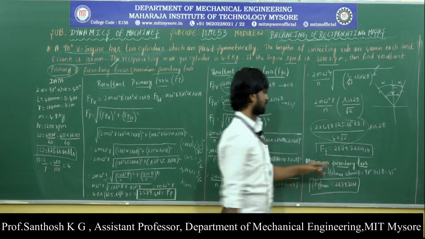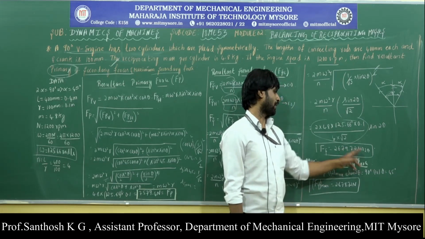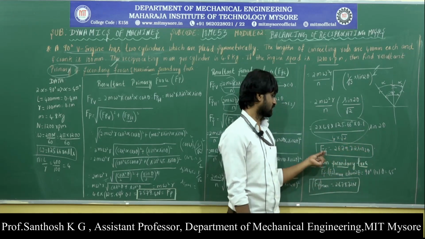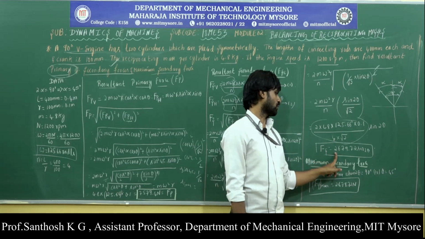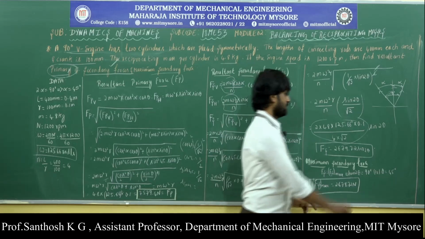Simplifying this, we get 2679.72, and we are keeping sine 2 theta as it is. So the resultant secondary force Fs will be 2679.72 into sine 2 theta.